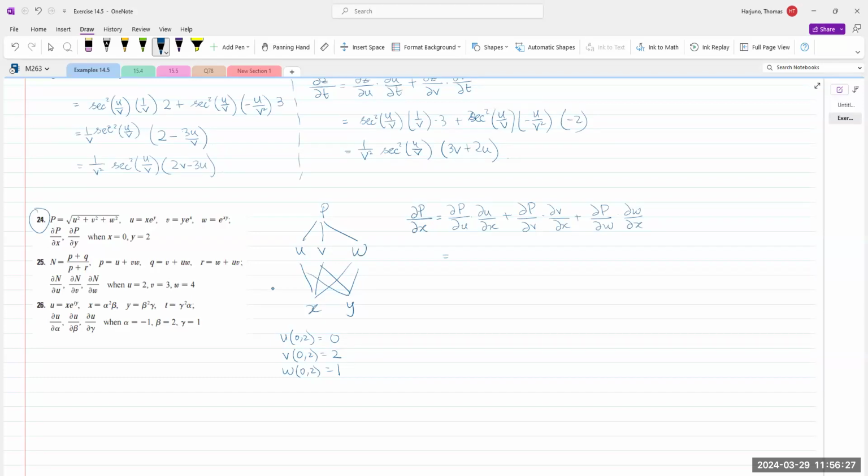Oh, the partials with respect to u and v and w seem to be all similar, huh?